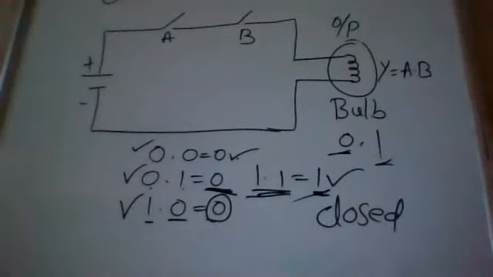So for AND gate, we have four cases: 0.0, 0.1, 1.0 and 1.1. For AND gate, we have symbol, and we have truth table and electronic circuit.